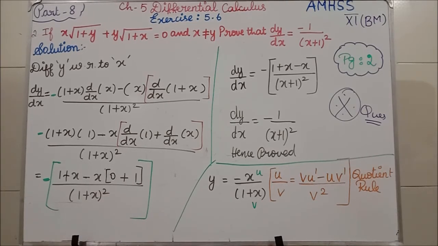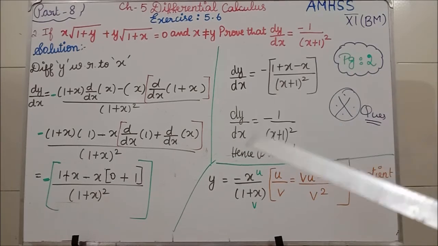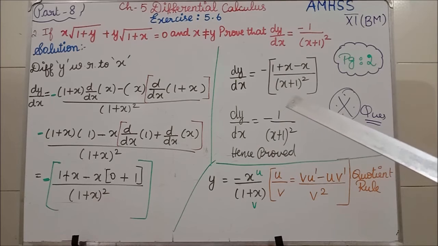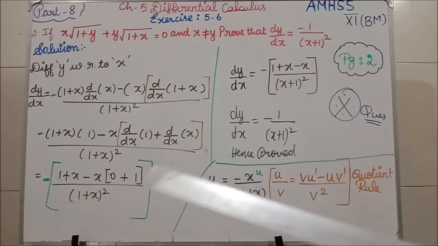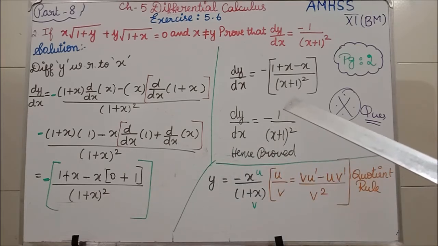Clear students? Now if you see this side, dy by dx equal to minus. So what we are having here? 1 plus x minus x. 0 plus 1 is what? 1. So 1 multiplied with x, the same x only we will get. So minus x and plus x will get cancelled. Divided by the denominator, what is it? x plus 1 the whole square. 1 plus x and x plus 1 are same only.